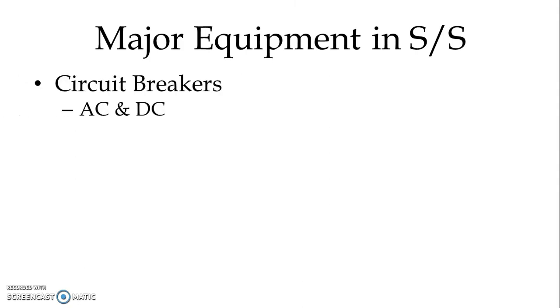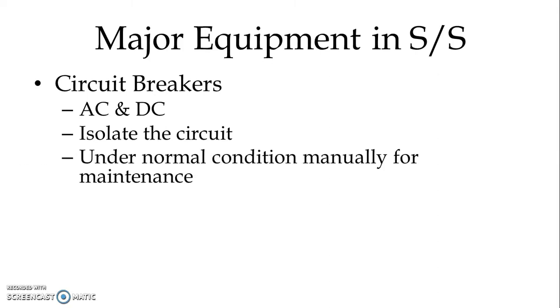Then we have circuit breakers. As we discussed, on the AC side as well as on the DC side, circuit breakers are connected. The function of circuit breaker is to isolate the circuit in normal condition as well as during fault condition. Under normal condition, it is manually operated, mostly for maintenance work.